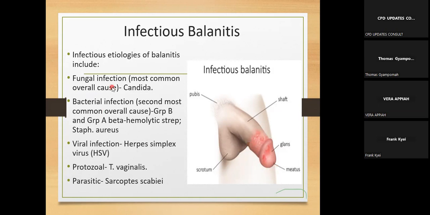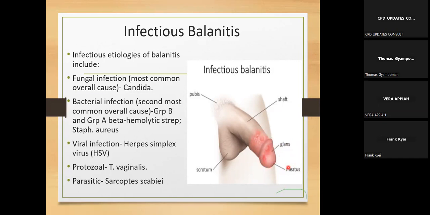So it can be fungal, and the commonest is Candida. We are saying so because, for example, if you have infection affecting the glands or the head of the penis, with this knowledge, you know that the commonest agent is Candida. So even in case you didn't do culture or anything, with your knowledge, you know that the infectious agent that usually affects the head here is normally Candida.